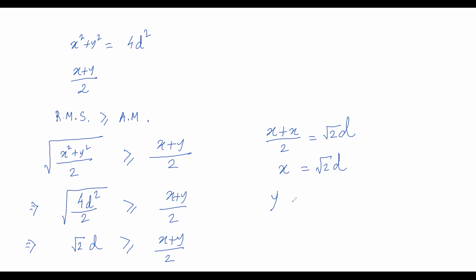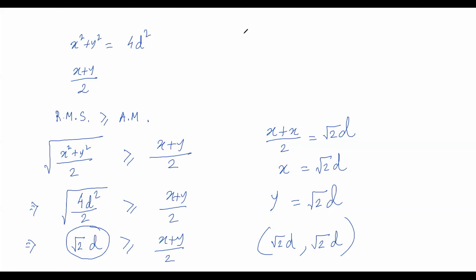And so the y value will also be root 2 d, and so the maximum value for (x plus y) over 2 is root 2 d, and it is attained for the point (root 2 d, root 2 d).